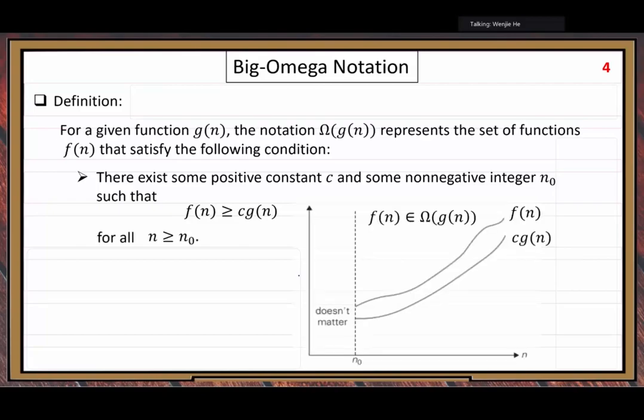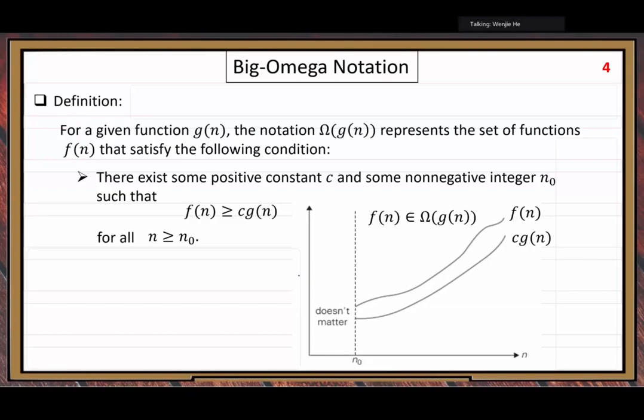So for the graph, you can see this time the curve of c multiple of g function must be lower than the curve of f function. Lower bound. And also this dashed line and this part doesn't matter.